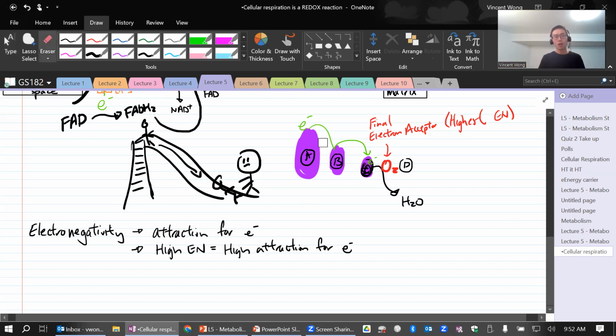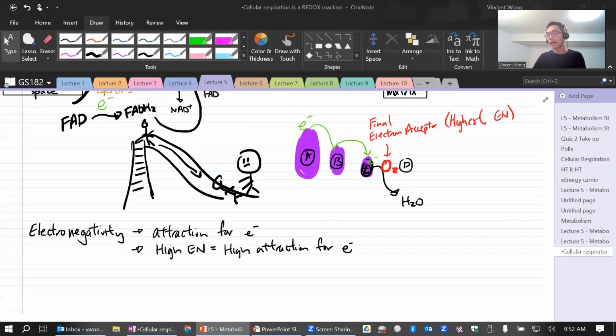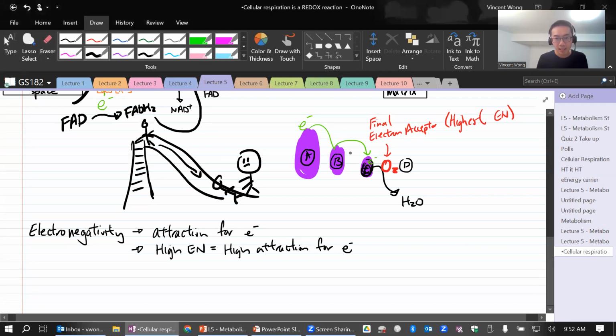So what will happen in the case of cyanide is that the cyanide is going to basically get stuck on the ETC. And if you have cyanide there, it doesn't even matter that you have oxygen, because the electron is stuck to the cyanide since it has the highest electronegativity now.